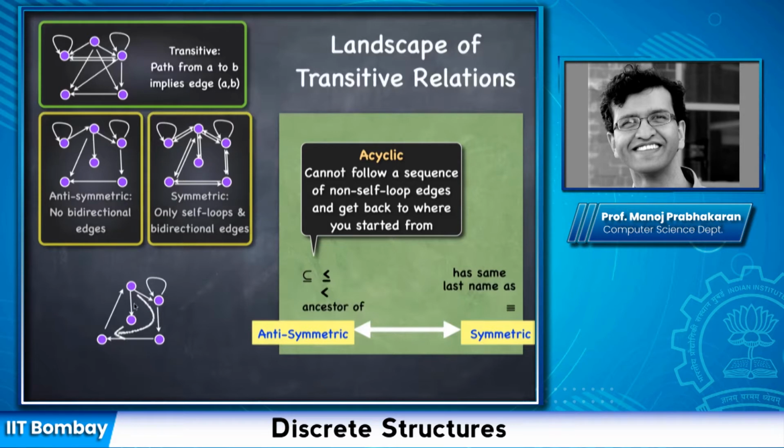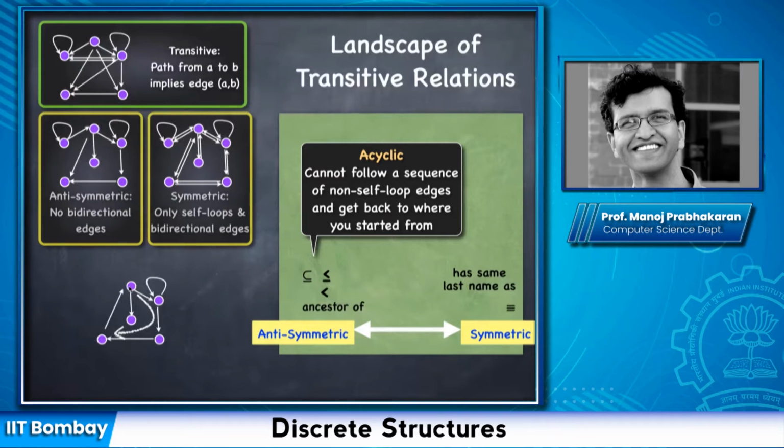So you can find a sequence of edges, or a path, that takes you from some node in the cycle all the way through all the other nodes, just before you get back to the same node again.